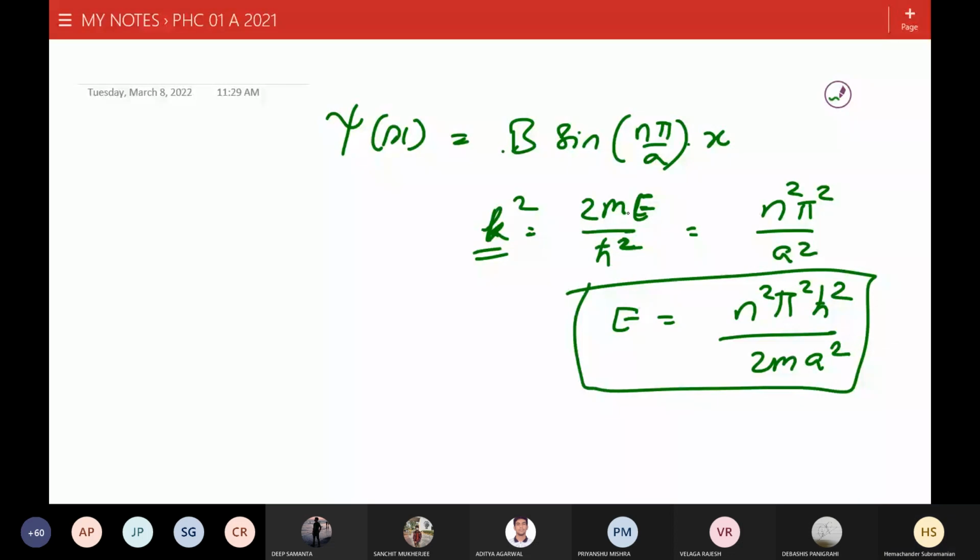Okay, so this is an important equation. You have the value of energy of the particle, and the energy of the particle is proportional to n squared, and it is inversely proportional to a squared. And E is discrete.